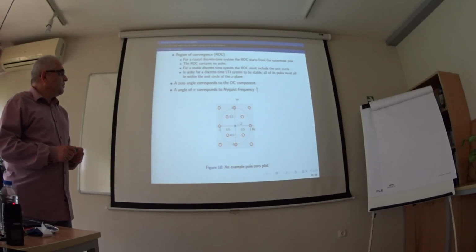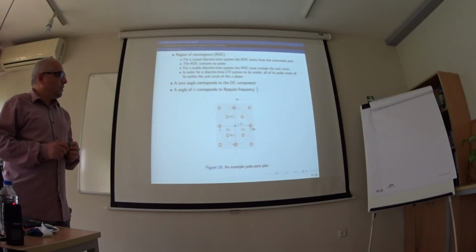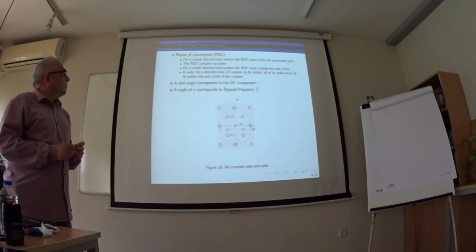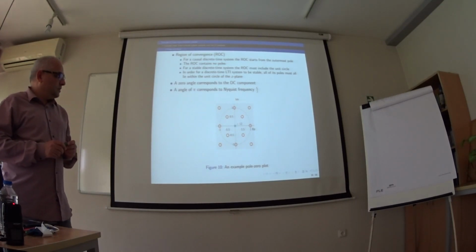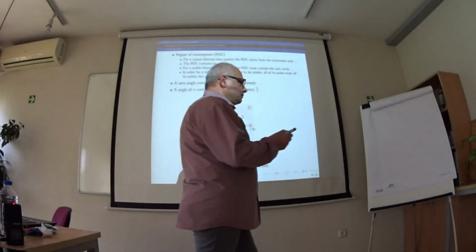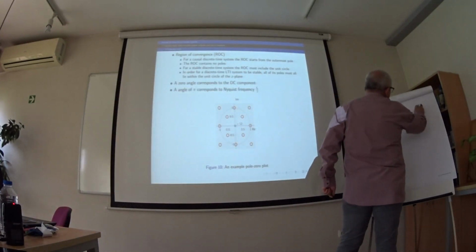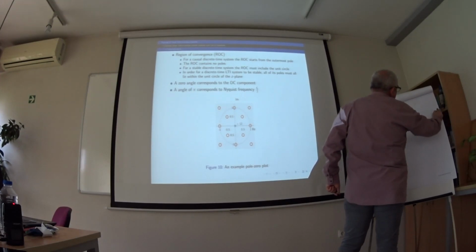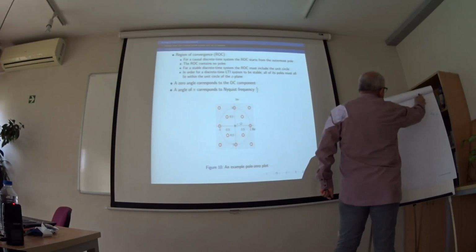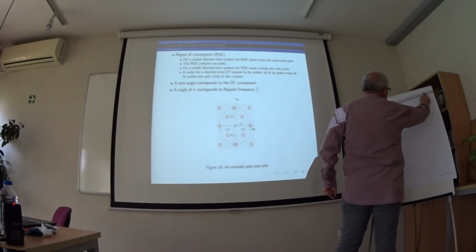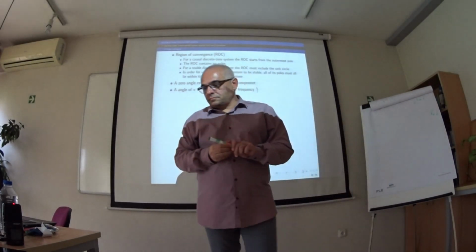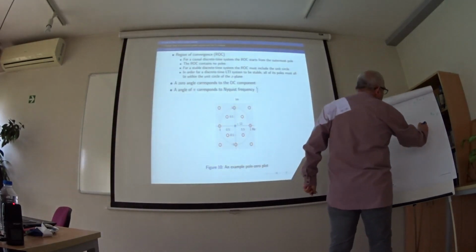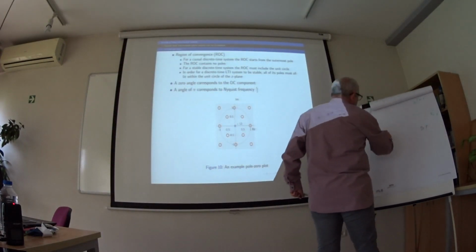In Z transform, in our discrete time systems, we have pole zero plot, but this pole zero plot is the following. Here is the real part, here is the imaginary part of Z. This is discrete time, this is continuous time.